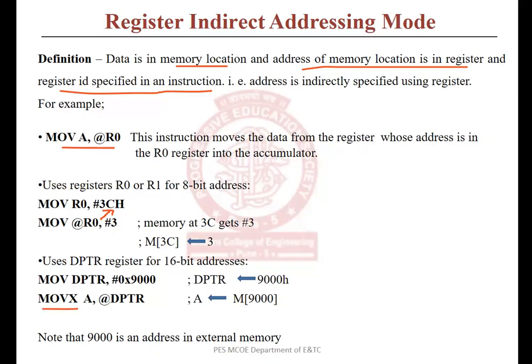So here the MOVX instruction has been used, and X indicates it is an external memory. Whenever you have to consider external memory, you have to use the MOVX instruction. So data is in memory location, address of memory location is in register, and that register is indirectly specified in an instruction. This is register indirect addressing mode.